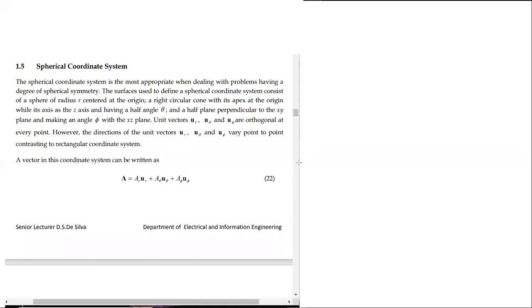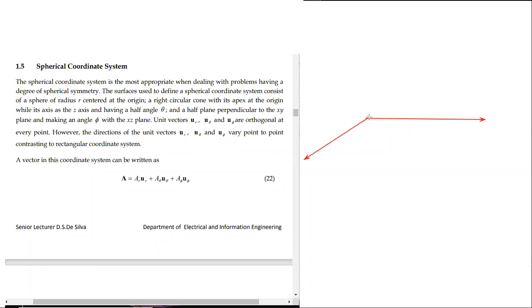Today I will discuss another orthogonal coordinate system called the spherical coordinate system. With the support of these spherical coordinates, we can locate any point in space. I'll explain how to do that.